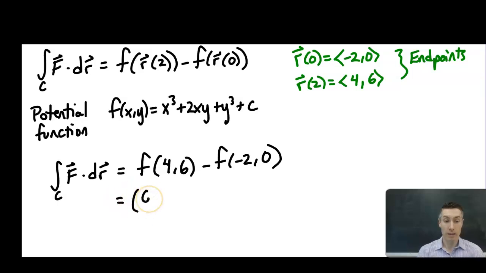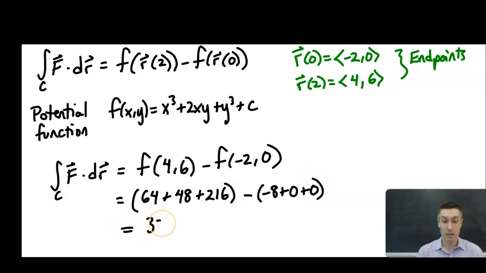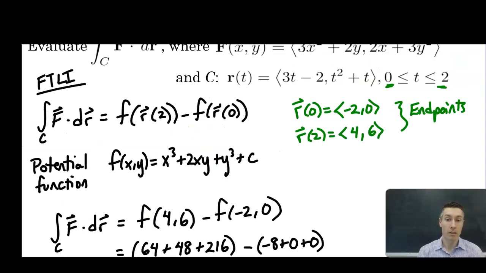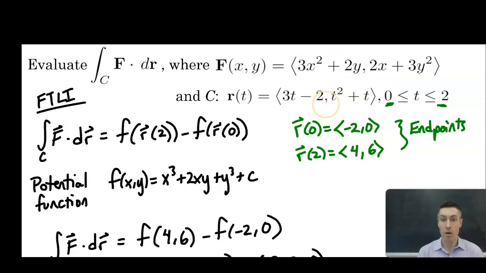Plugging in, we get 64 plus 48 plus 216 minus negative 8 plus 0, which gives us 336 as the work done by this particular conservative vector field in moving something from the point negative 2, 0 to 4, 6. Again, the path does not matter. This parameterization had no effect other than being helpful in finding the endpoints.